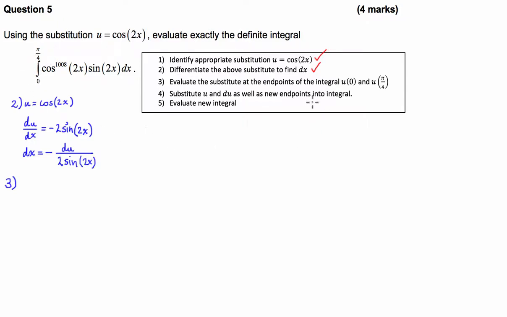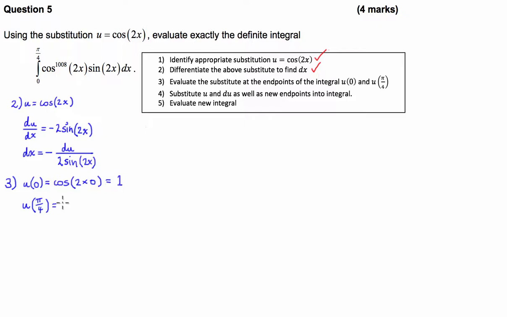So let's start with u of 0. It's going to be equal to cosine of 2 times 0. Now cosine of 2 times 0 is still the same as cosine of 0, which is equal to 1. Our next endpoint is pi on 4. So we're going to find what our substitute is equal to at pi on 4.